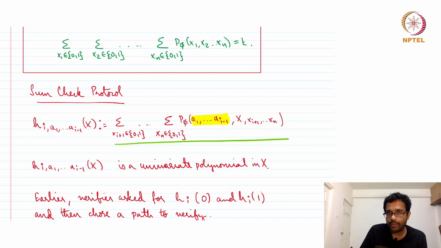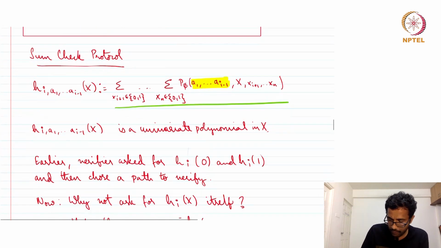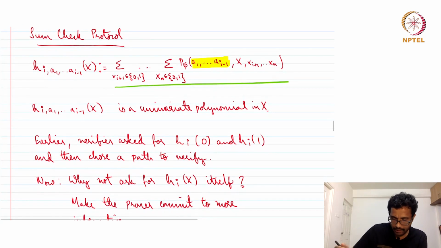For the i plus 1 to n variables, we just sum over all possible 0, 1 combinations. So it just becomes a polynomial in x, a single variable. The ith variable, so that's why it's called hi. The x corresponds to the ith variable here, right? So it's a univariate polynomial in x, and this will play a crucial role in the protocol that is going to come up.